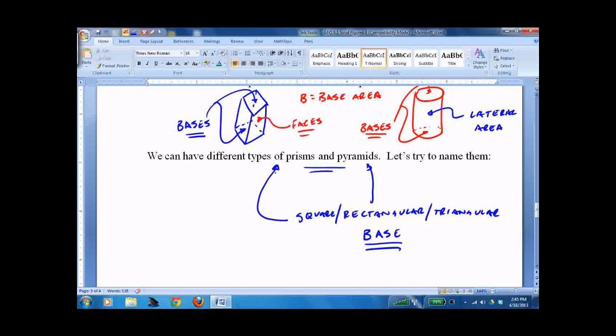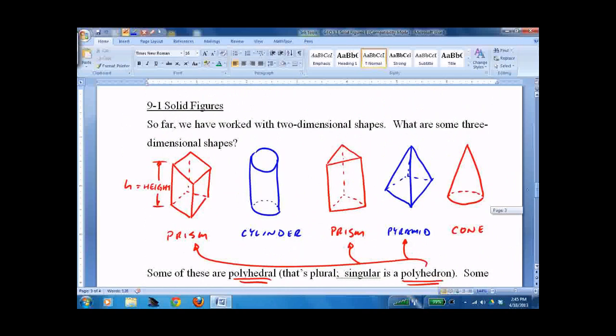And if you look up above, we had a triangular prism. And this would be square or rectangular. So this is a square base, which is the one we're going to predominantly work with. Lots of different ways to do it.